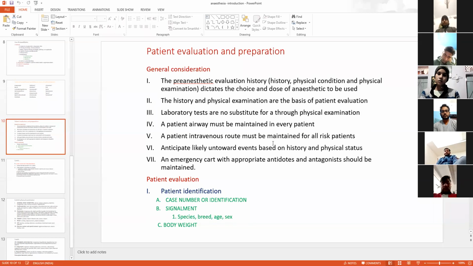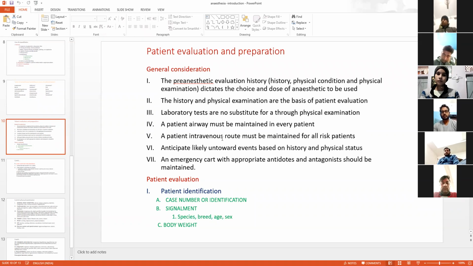Patient airway must be maintained in every patient. So always remember, when any animal is showing respiratory distress or anything, first you treat that particular case for that particular disease. Otherwise, what will happen? Suppose an animal is already having dyspnea, and you are going to give thiobarbiturates, an anesthetic which has a deleterious effect on the cardiopulmonary system, then it may be fatal.